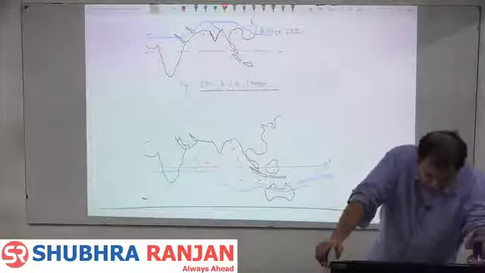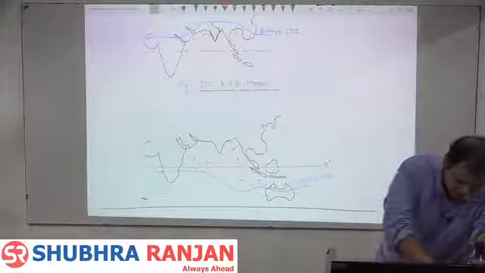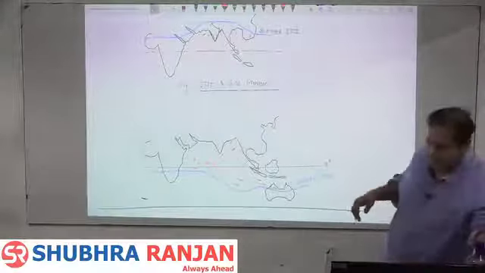But the theory cannot properly explain why the monsoons are absent over huge continents such as North America and South America, but present over a smaller continent such as Australia.